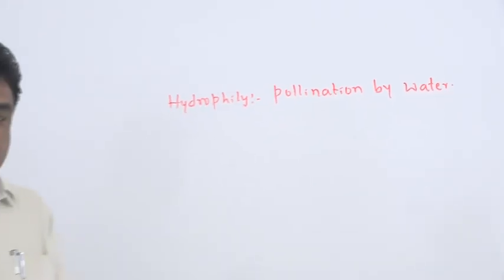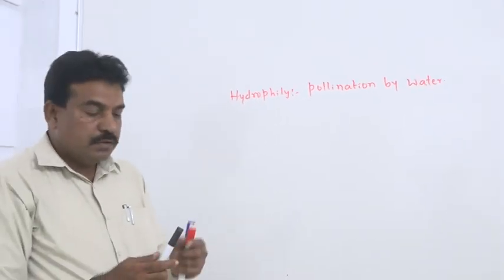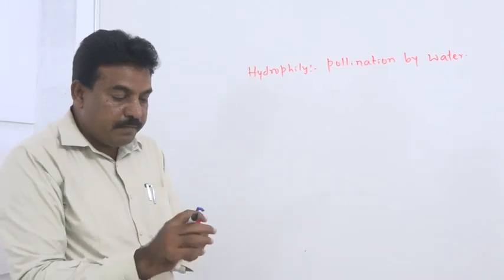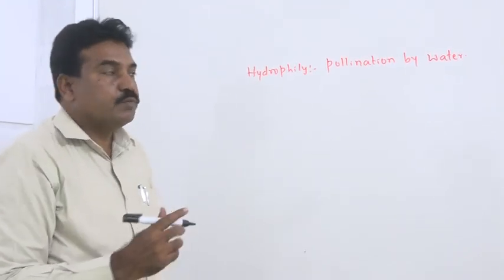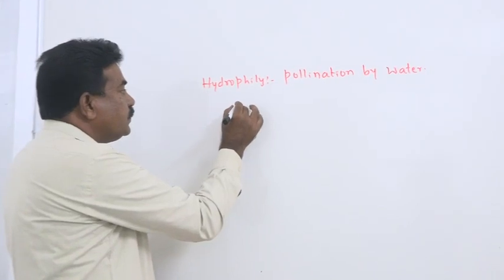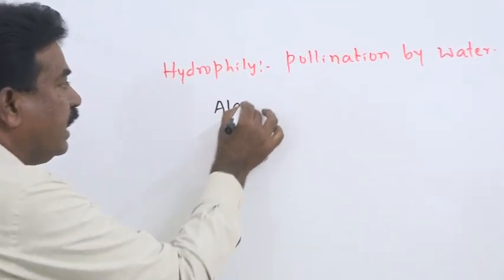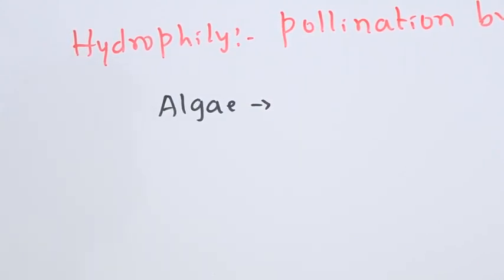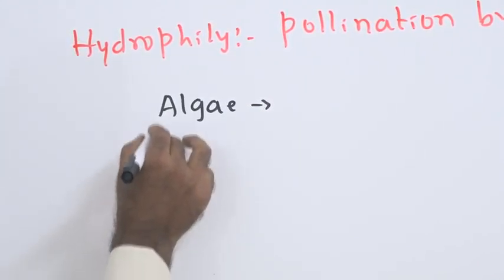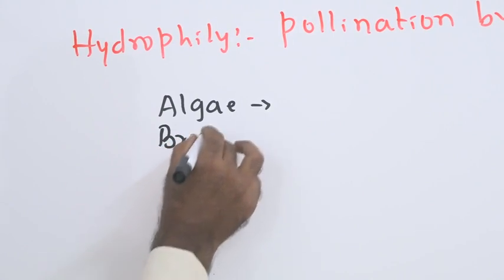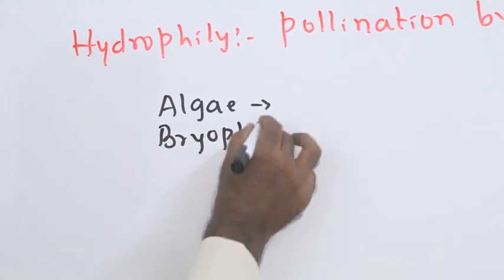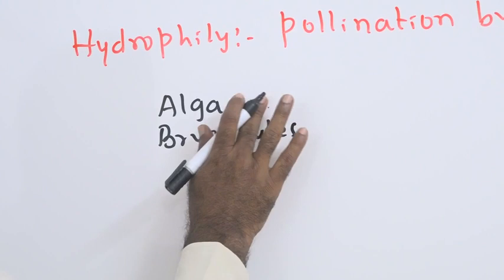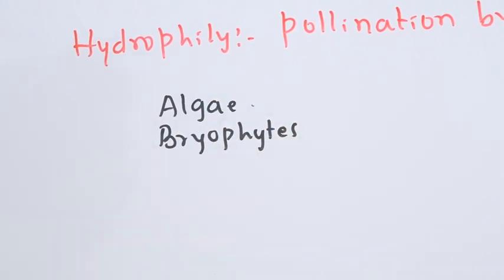As we know, most of the plants use water medium for their gamete transportation. Suppose you take most of the algae, they use water for transportation of what? Gametes. Even in case of bryophytes also, water is used for transportation of gametes.